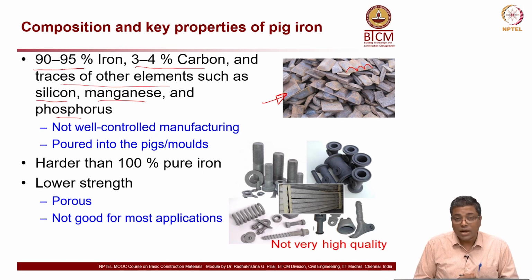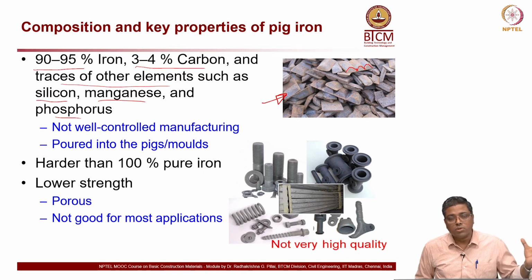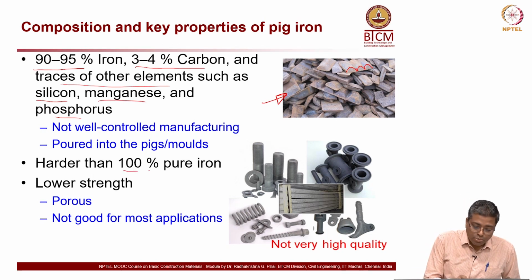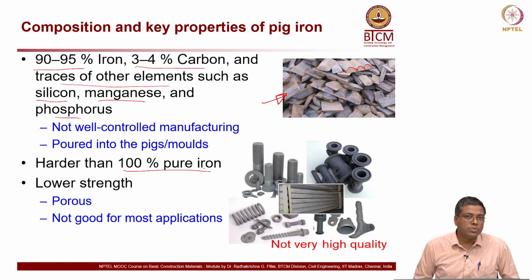Now, as you have seen, this is not really a well controlled manufacturing process, because this hot molten material is poured into the molds or pigs and then taken out. It is harder than 100% pure iron. The hardness is very high because of the high concentration of carbon, about 3 to 4%.